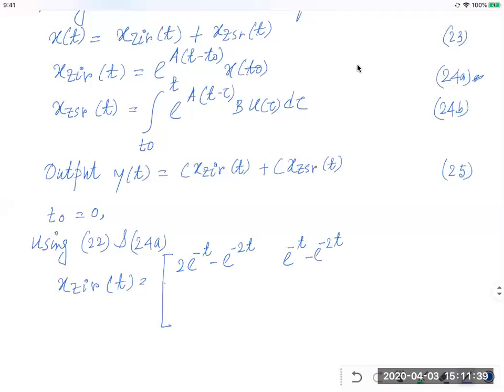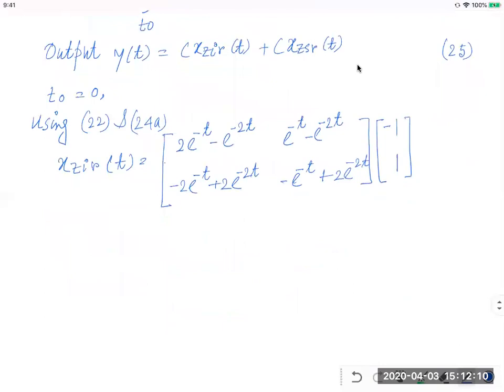First element of row 2 is minus 2 e to the power minus t plus e to the power minus 2t, and the second element of row 2 is minus e to the power minus t plus 2 e to the power minus 2t. So this is the state transition matrix. Now the initial condition is minus 1, 1.